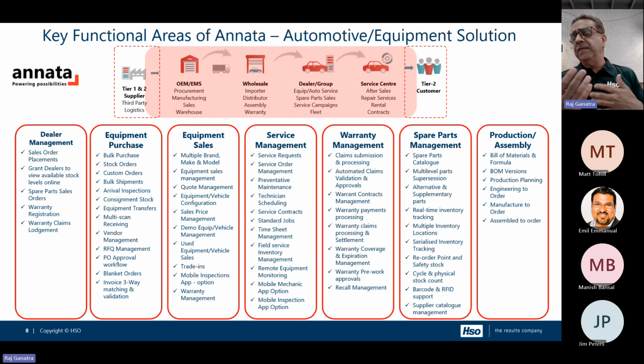And if dealers come to you for special pricing, you can manage it through a quote process and an approval process. You can manage allocation of demo equipment to your dealers, and traceability together with consignment stock. You have the capability from a retail perspective in the sales process to run trade-ins and sell used vehicles at the same time.